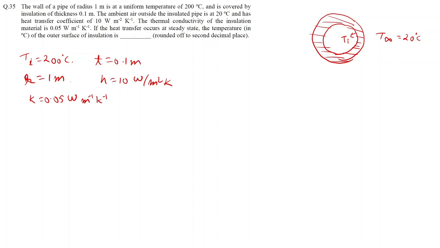And the heat transfer occurs at steady state. We have been asked to find the temperature at the outer surface of the insulation, so let's just consider it as Ts. Now considering this system, we can write the resistances as follows. Initially the temperature was Ti, then we have this conduction resistance due to insulation.